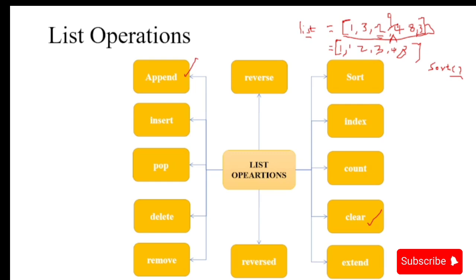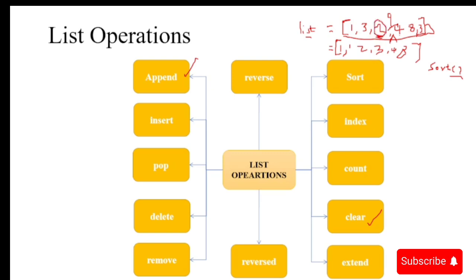A pop means you want to remove a value from a list. Yeah, so if you specify an index for the pop, you can remove a value from that index. For example, I can say pop value at index, let me say index 2. Yeah, so I will pop a value 2.